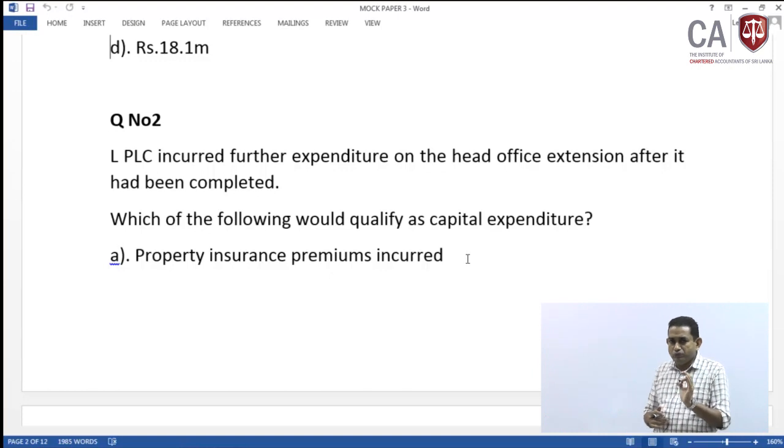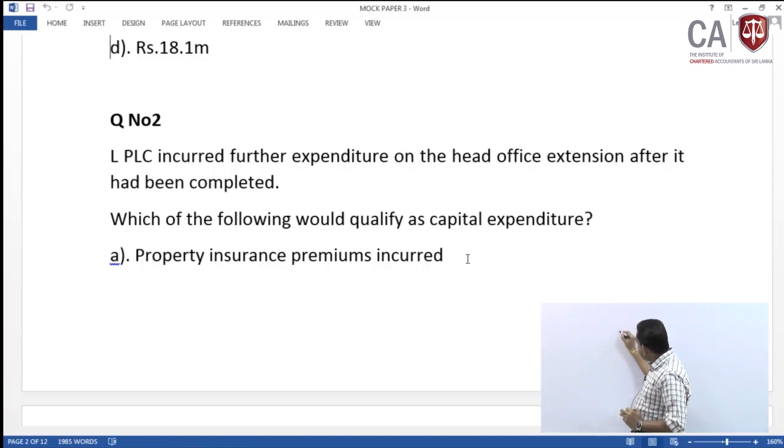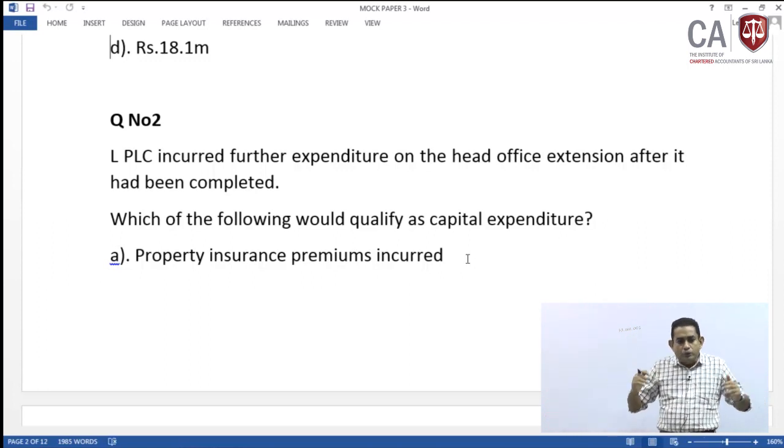And I must make it more clear. Say at the beginning we incur 10 million rupees to construct an asset or to buy an asset, and the asset is where we wanted the asset to be, it's at the intended level.